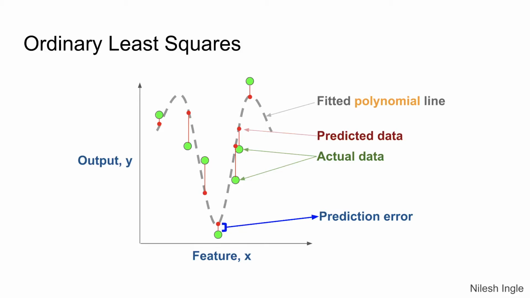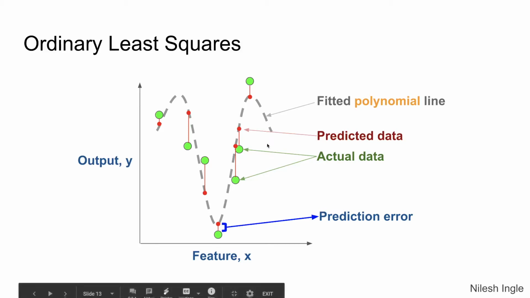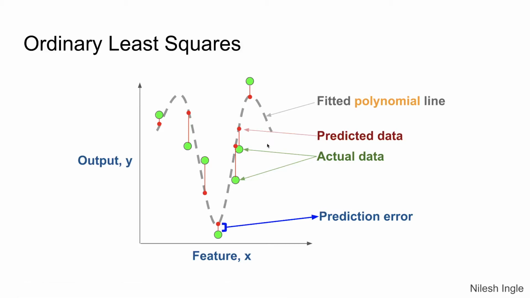So x1 and x2 could have power of 2 or 3 or 4. However, the parameters that join these features do not have any power, so they are linearly placed in that equation, and therefore this is also an example of least squares where we can use linear regression to fit this polynomial, and we will see that in upcoming videos as well.